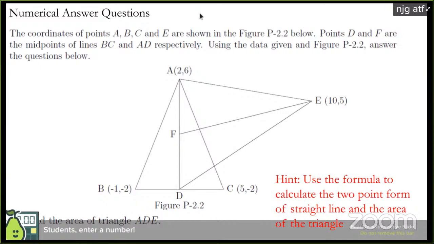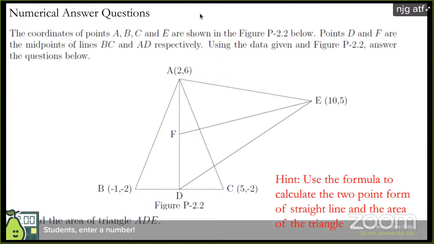You are given point A at 2 comma 6, point B at -1 comma -2, point C at 5 comma -2, and point E at 10 comma 5. Points D and F are not given to you, but D and F are the midpoints of the lines BC and AD. So D is the midpoint of BC and F is the midpoint of AD.